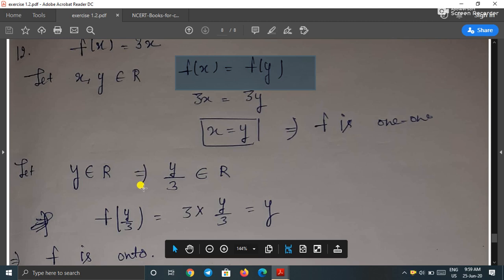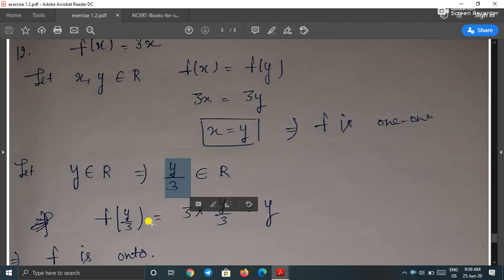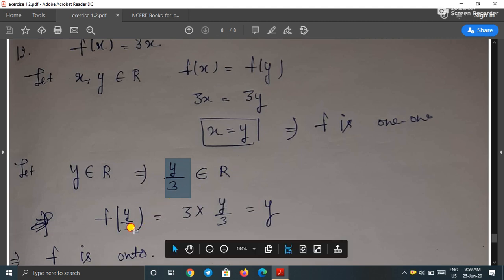Now to check the surjectivity, or to check the function is onto or not, let us take a real number y. If y is a real number, then y upon 3 must be a real number. And if we find the image of y upon 3, then it is y. Means each real number y has a pre-image. And what will be its pre-image? Y upon 3.